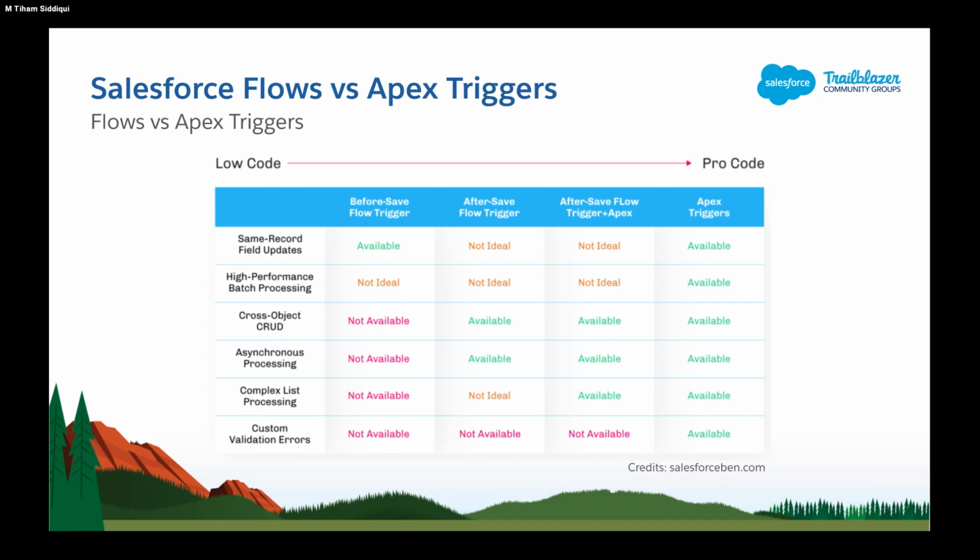Now in record-triggered flows, you can add custom validation errors, but it is a bit older, that's why it's not shown here. You can see that Apex triggers are more efficient, but you need to understand when to use Salesforce flows and when to use Apex triggers.